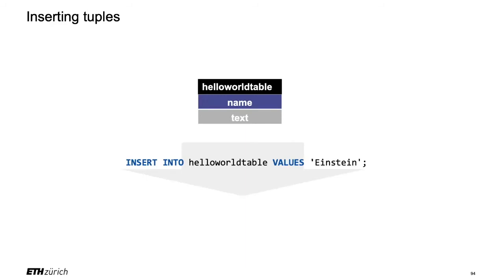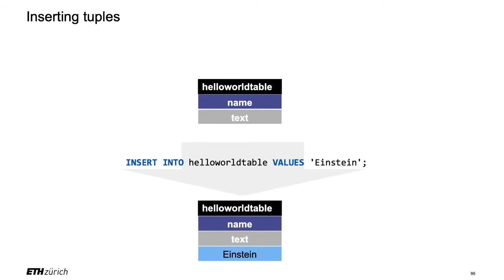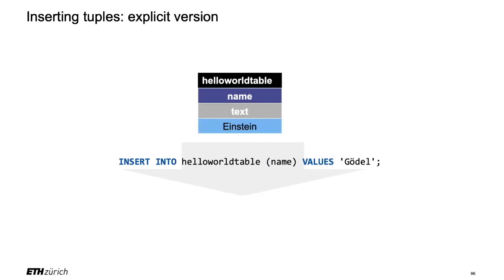This is how you insert a record or a tuple. Insert into hello world table, values, Einstein. How many columns and how many rows will I have after that? One and one. There you go. One each. Exactly. Okay. What about that?